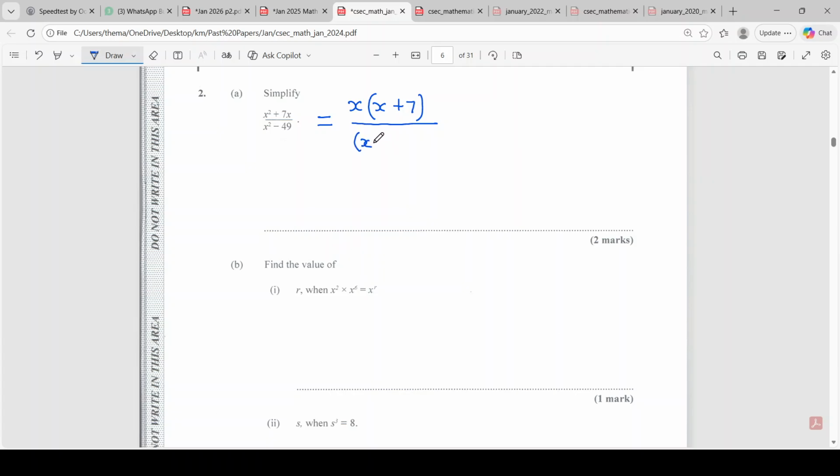That is x plus 7 by x minus 7, the difference of two squares. Once we have it written in the form of products, we could cancel off x plus 7. So we remain with x over x minus 7.